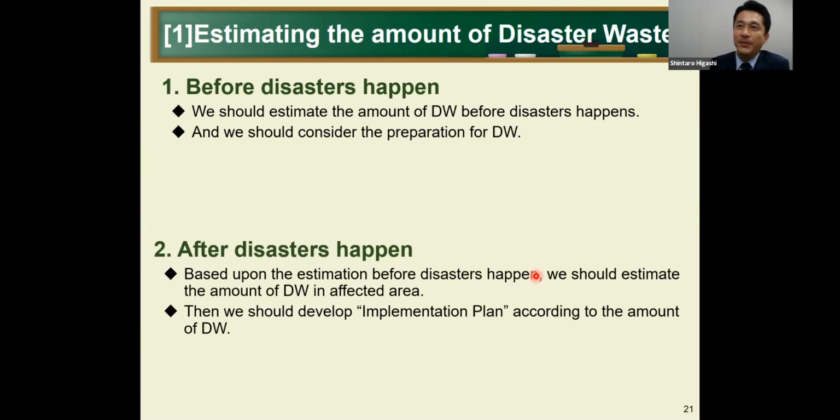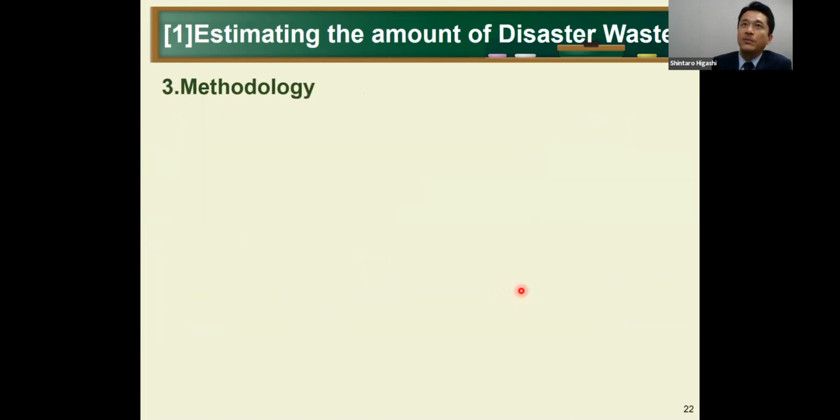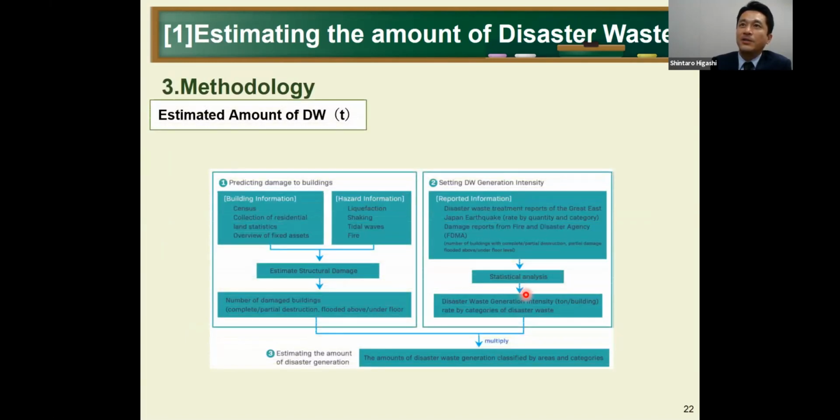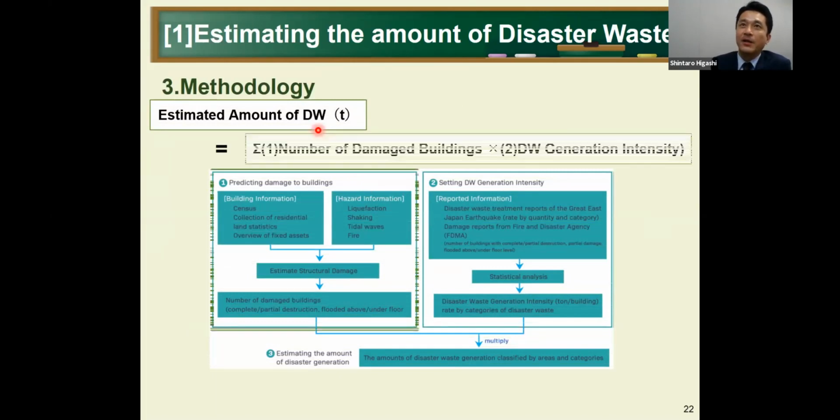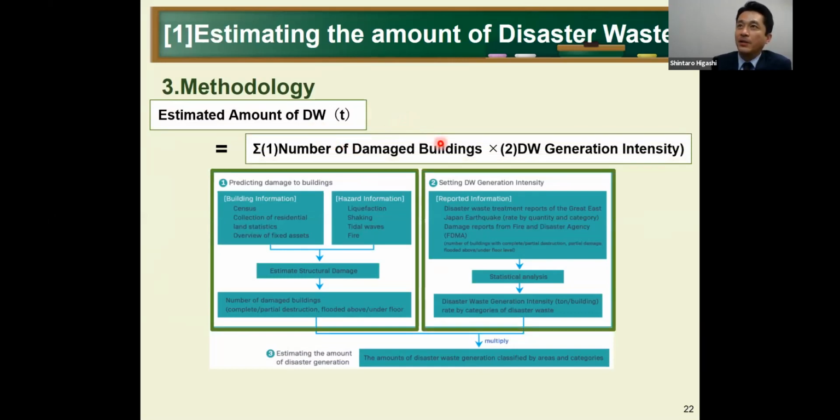Then we should develop an implementation plan according to the amount of disaster waste. This is the methodology. The estimated amount of disaster waste is calculated by the number of damaged buildings multiplied by the disaster waste generation intensity. It's very simple.